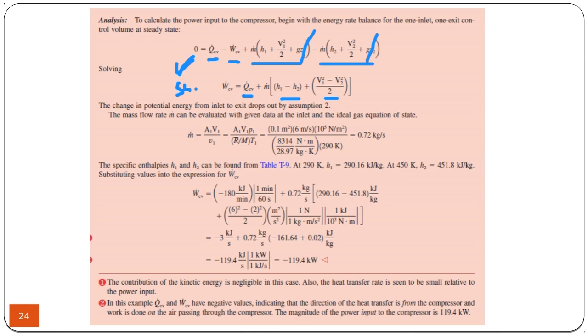So we just need to calculate the values first. m dot is, as you remember, A times V divided by v, the specific volume.